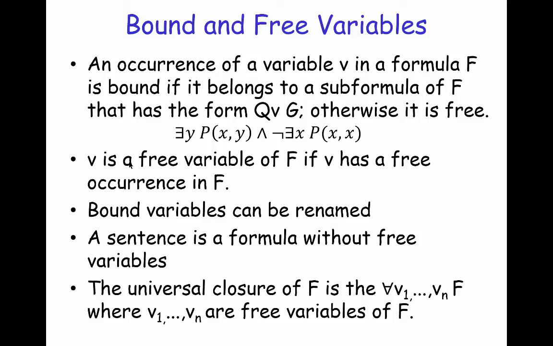So, for instance, here, x is a free variable. This occurrence was free, so we can say actually x is a free variable of the whole formula. Although there are other occurrences of x, we don't care. If v has at least one free occurrence in the formula, then we can say x is a free variable.